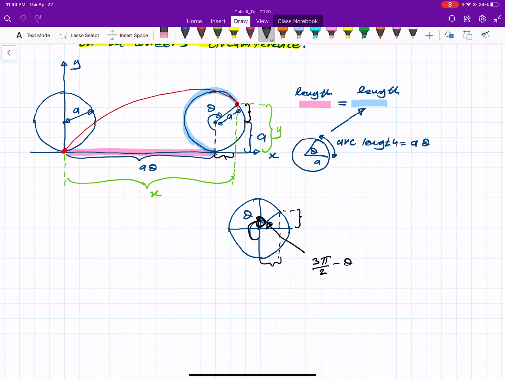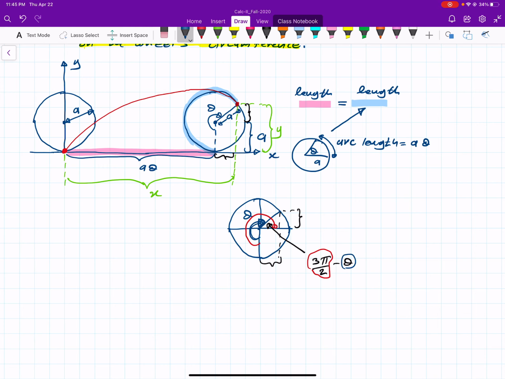How do I explain this? This entire angle, which is 3 pi over 2, minus this blue color angle, which is right here.